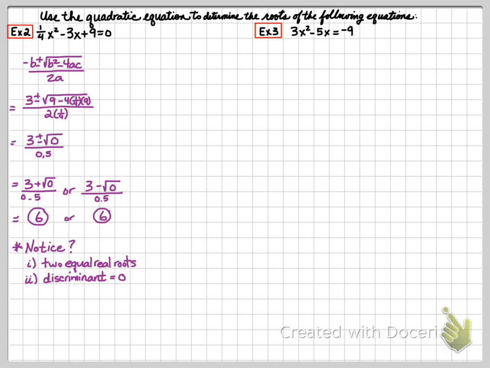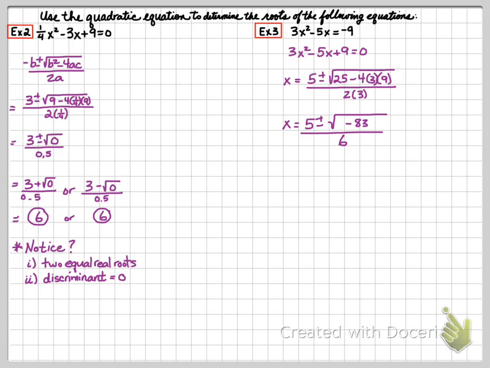In the second case, we're going to add 9 to both sides, first of all. Now we can apply the quadratic formula, and you're going to get positive 5 plus or minus the square root of negative 5 squared, which is 25, minus 4 times 3 times 9, over 2 times 3. This is going to end up with 5 plus or minus the square root of negative 83 over 6.